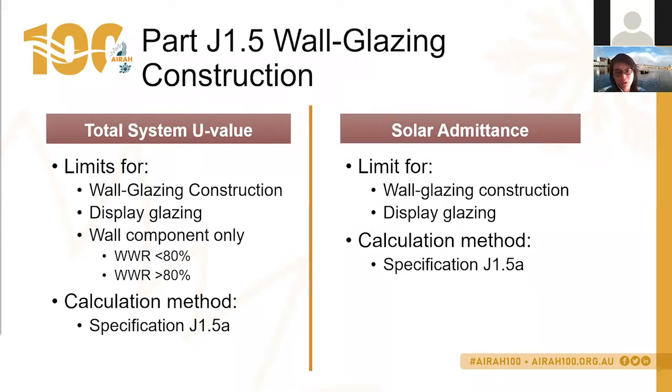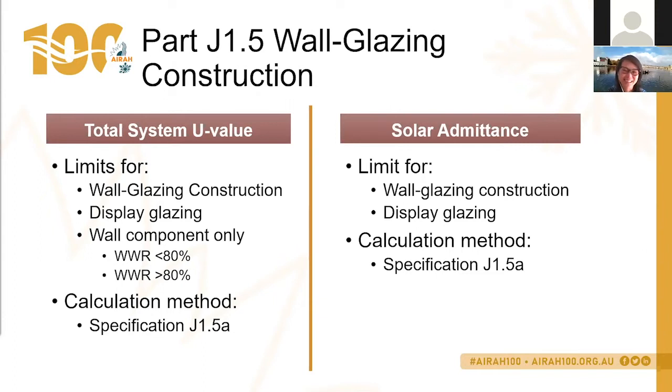On the opaque wall component, there are different requirements depending on whether your window to wall ratio is less than 80% or more than 80%. Essentially, that's asking whether your building has more wall than window.